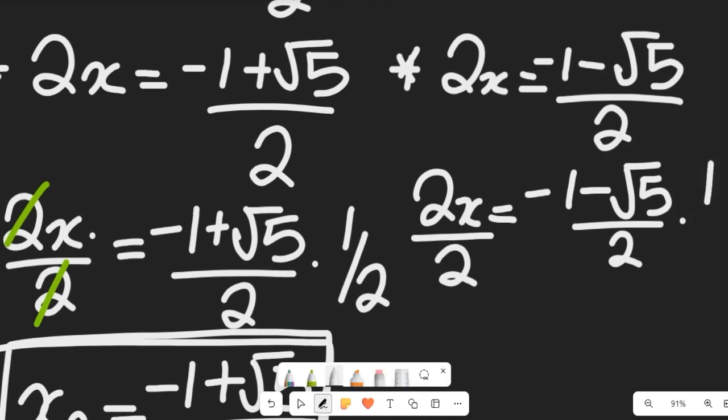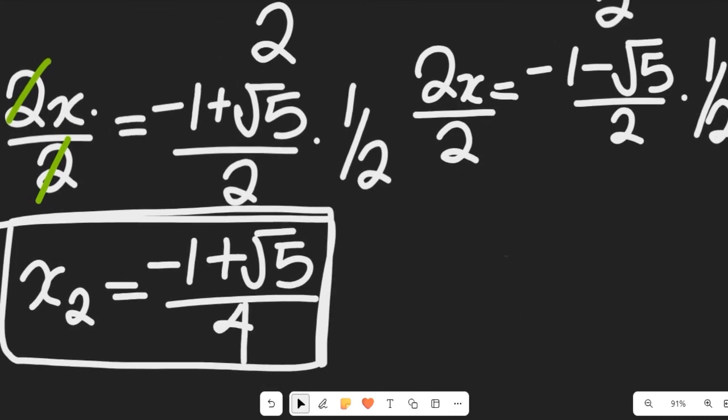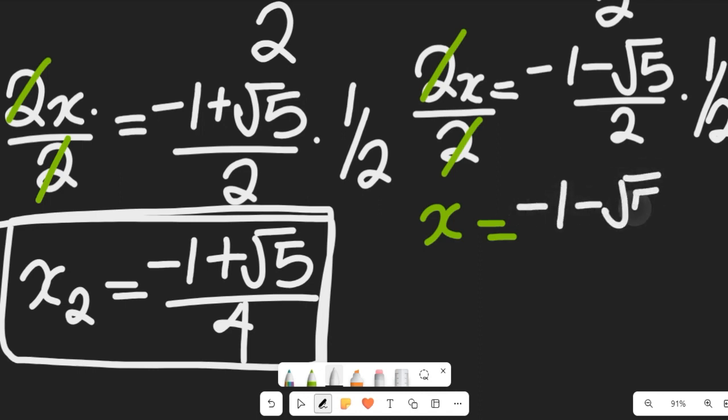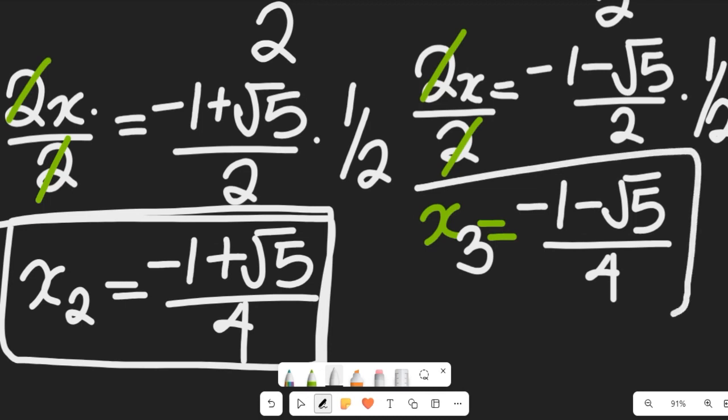So the value of our x now will be equal to -1 minus root 5 divided by 4. And this is x3. That is the third solution to that expression that is given to us.